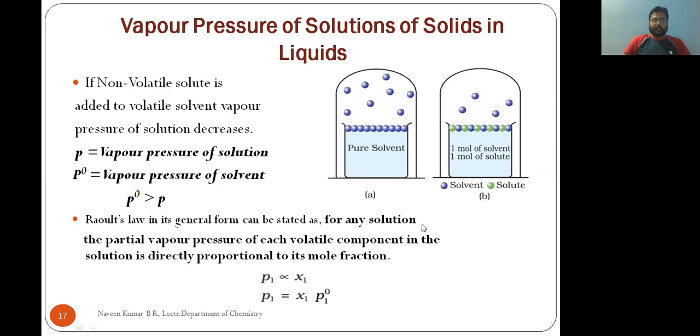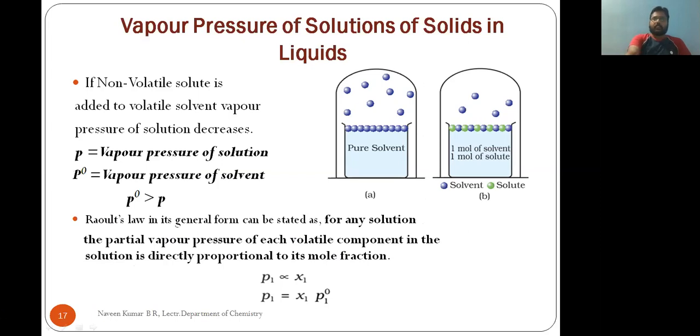For any solution, the partial vapor pressure of each volatile component will be directly proportional to its mole fraction present in the solution. You can remember this as a general statement of Raoult's law and a simple equation.